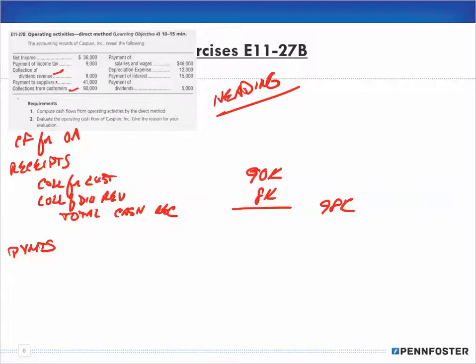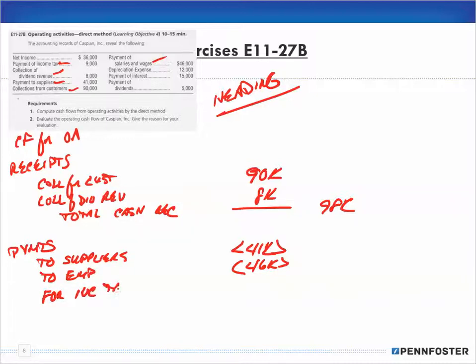Now for payments, let's see here. I have payment to suppliers of $41,000. So this is money going out. I have payment to employees of $46,000. I have payment of income tax of $9,000.